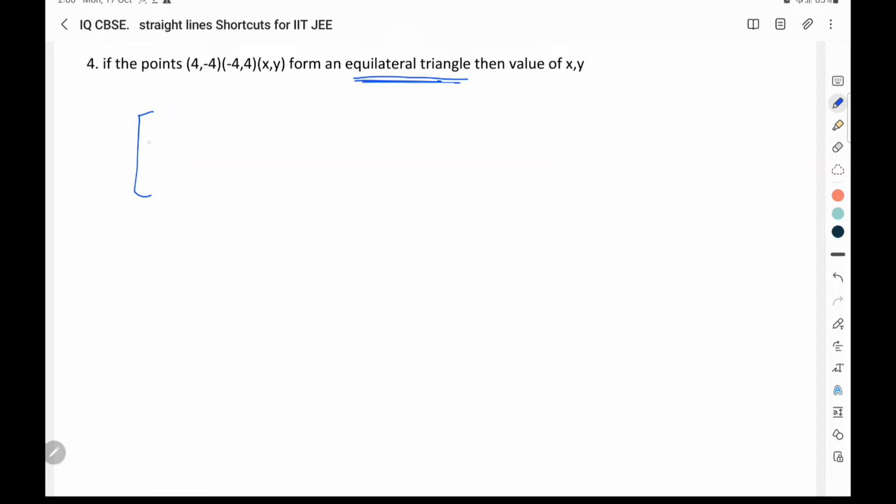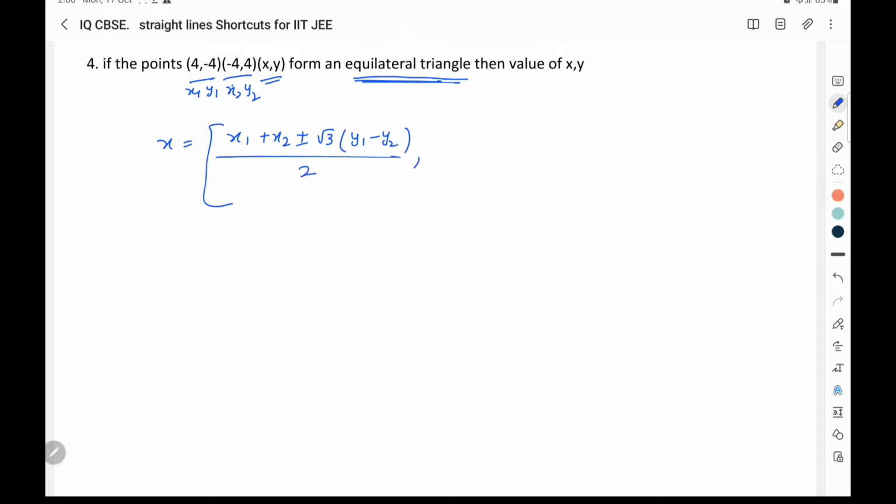The formula to find the third vertex, when x1, y1 and x2, y2 are given, is ((x1 plus x2) plus or minus root 3 into (y1 minus y2)) by 2, comma ((y1 plus y2) minus or plus root 3 into (x1 minus x2)) by 2.